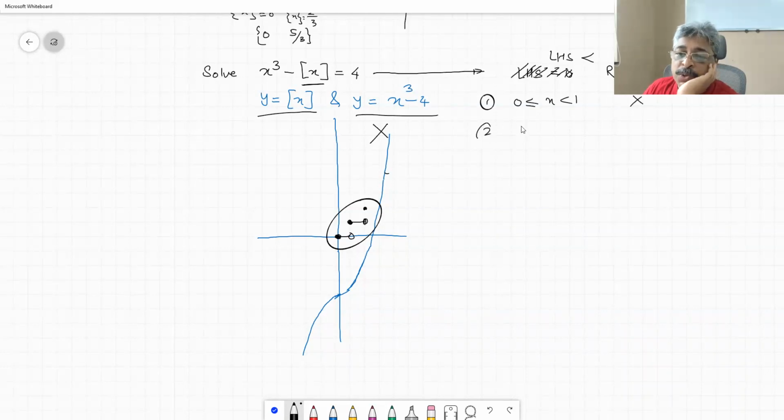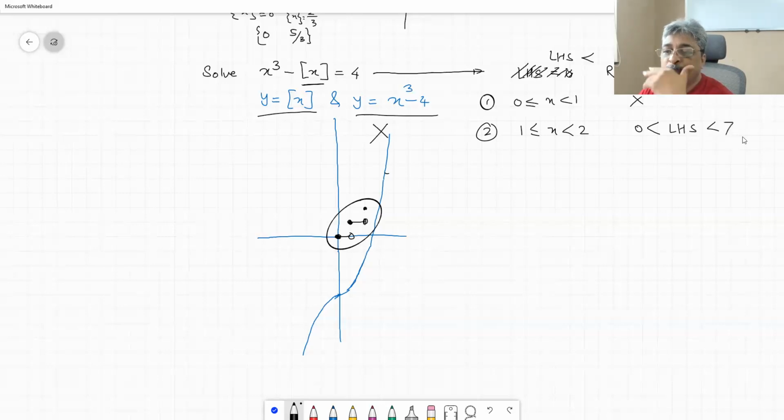Case 2, 1 is less than or equal to x is less than 2. So if you put x is equal to 1, then LHS is between 0 to 7, and that is what we want.